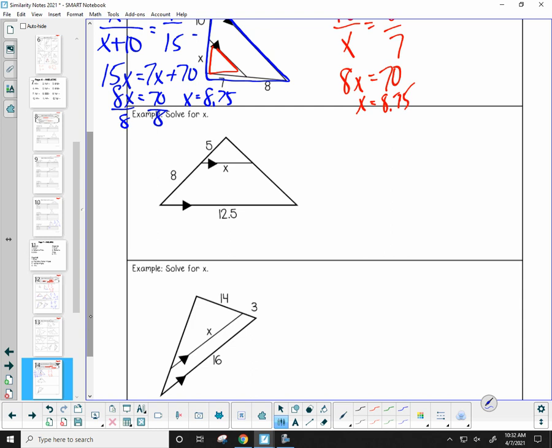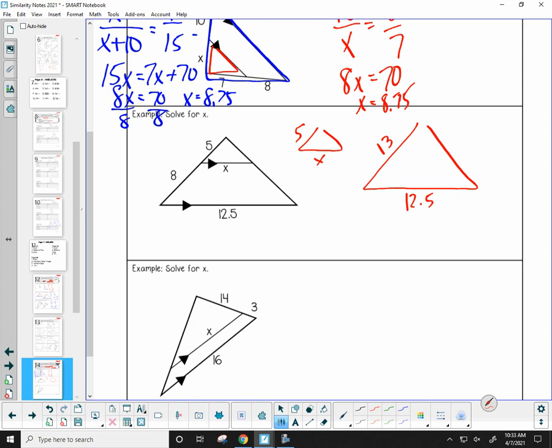So it's best to think about them in terms of two different triangles. We have the little guy up top with 5 and x, right? And then we have the larger one, where this whole side is 13 and this part is 12.5. So the shortcut only works when you're using the legs that are being divided by the parallel lines. Okay?